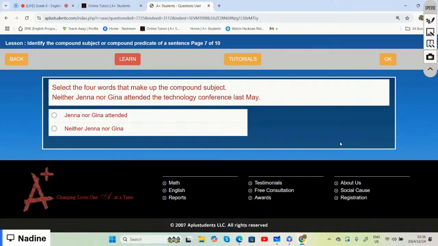So we need to select the four words that make up the compound subject. Is it option one, Jenna nor Gina attended? Or option two, neither Jenna nor Gina?